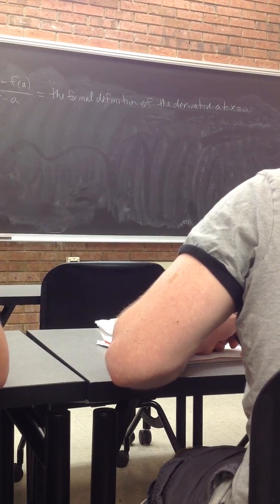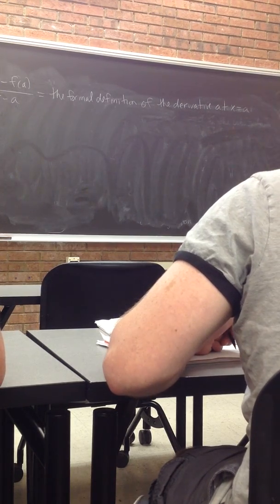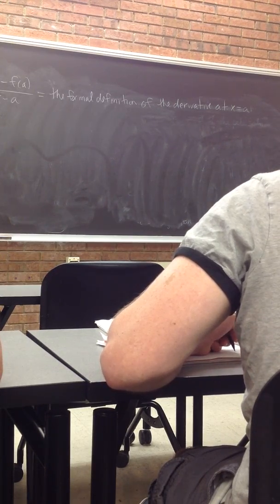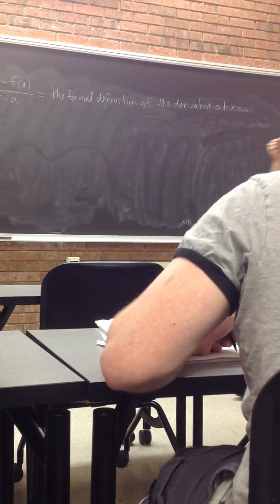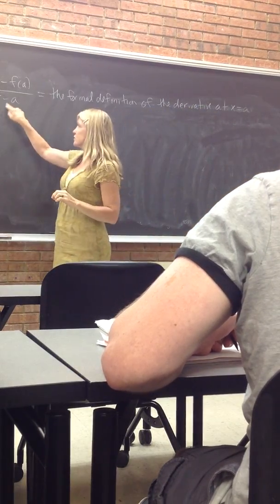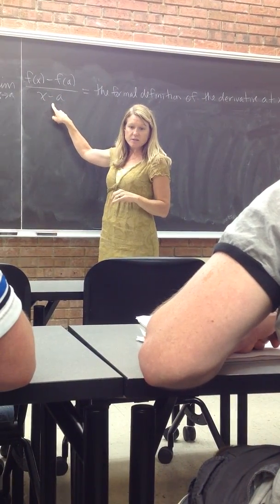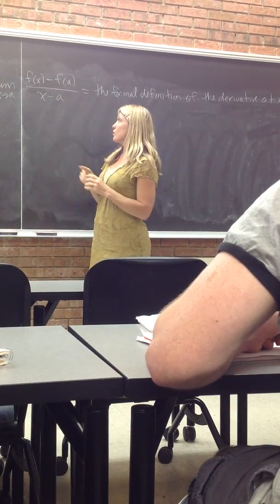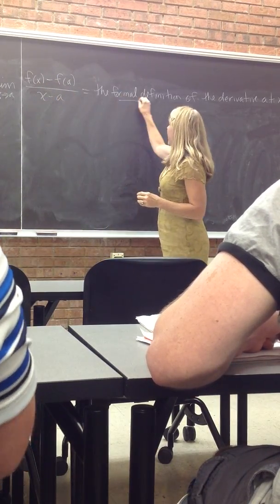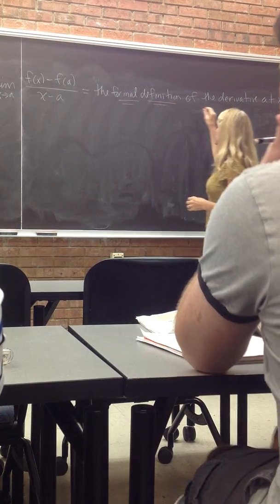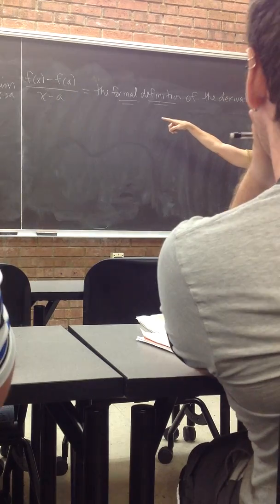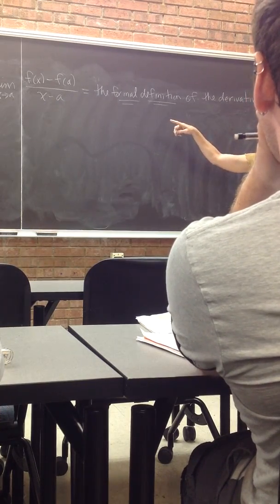And if you talk about the idea of a derivative, you talk about picking points, getting closer and closer together, and if you put those words into symbols, it looks more like this. Okay, so that's why I like going with this version of the formal definition. So if you're asked for a formal definition proof, it means you're being asked to set up this limit, and you're supposed to work through this limit.